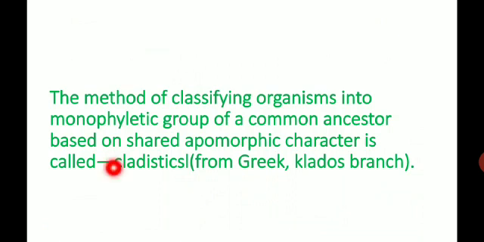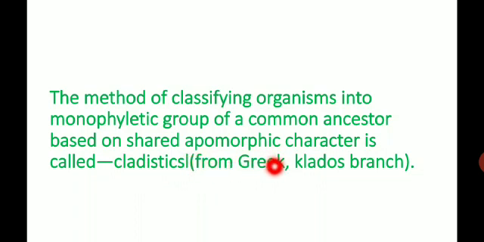The method of classifying organisms into monophyletic groups is the only one accepted by cladistics. The monophyletic group of a common ancestor is based on shared apomorphic characters. Apomorphic means characters different from the form found in the ancestor. This is called cladistics.